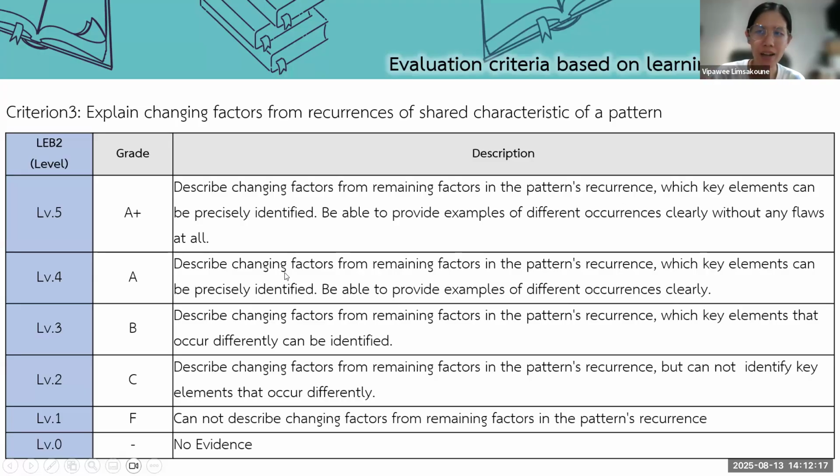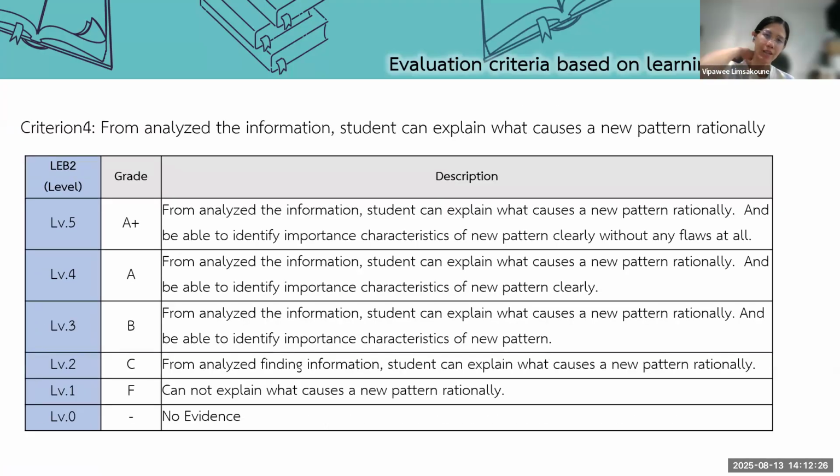Okay, and level 5, you explain clearly without any flaw at all. The last criterion is the factor that creates new pattern. Okay, I will see whether you analyze the information, explain the cause or the factor that creates new pattern rationally, and identify important characteristics of new pattern. And then see whether you explain clearly. Okay. So those are all the criteria.